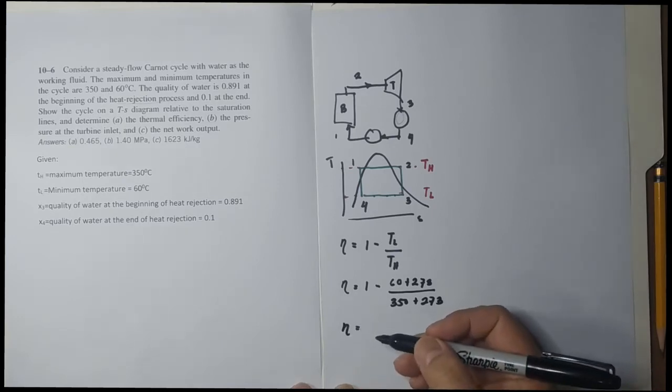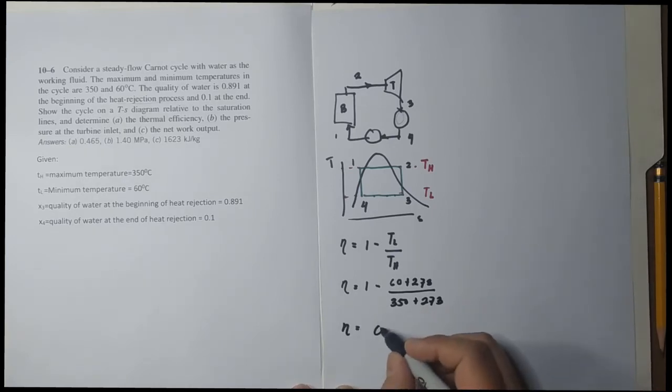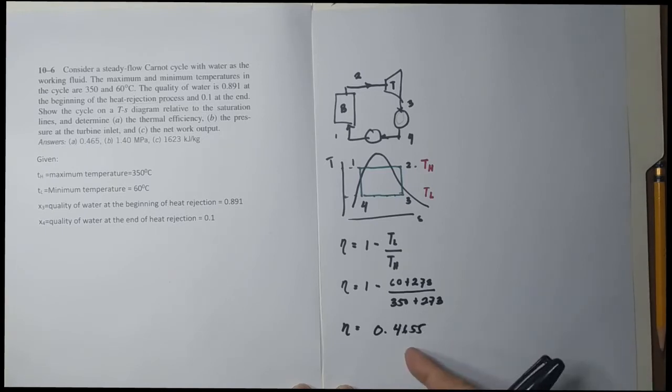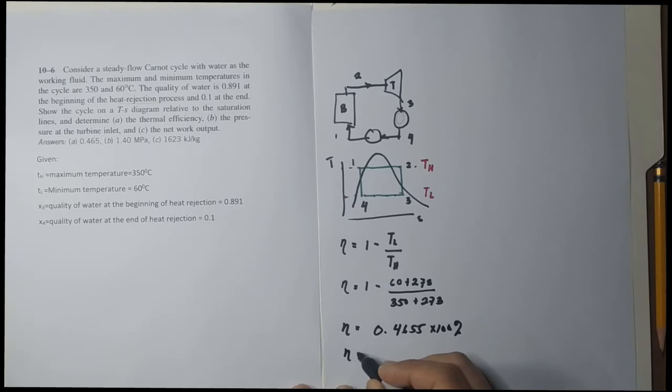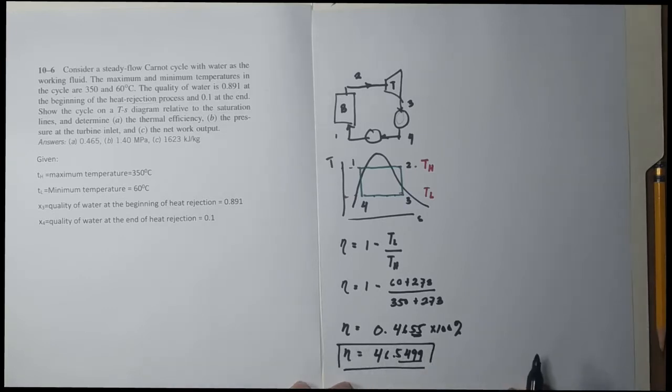The efficiency that you could compute would be 0.4655. Of course, you must multiply by 100%. So the efficiency now would be 46.55%. Take note, I rounded off here.